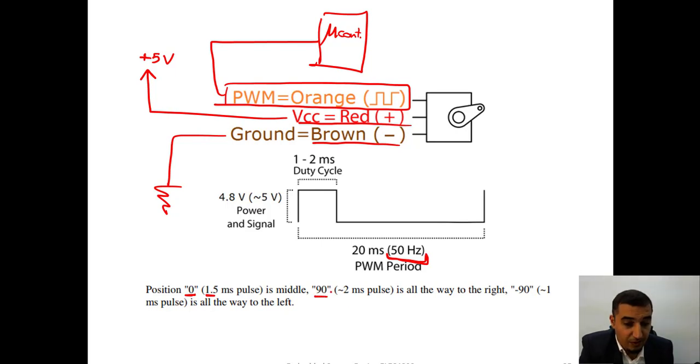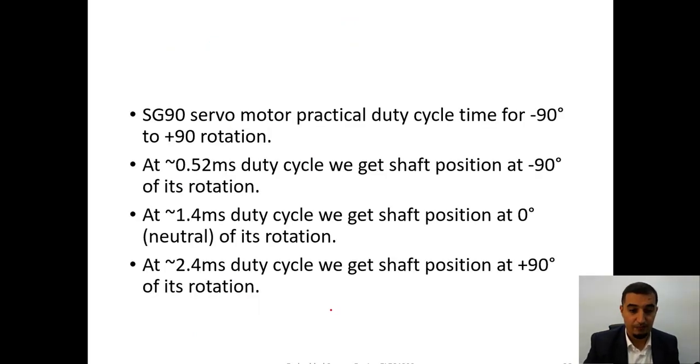For 90, it should be a 2 millisecond pulse. And for minus 90, it should be around a 1 millisecond pulse. So you can rotate it minus 90 and plus 90. So the SG90 servo motor's practical range is from minus 90 to plus 90.